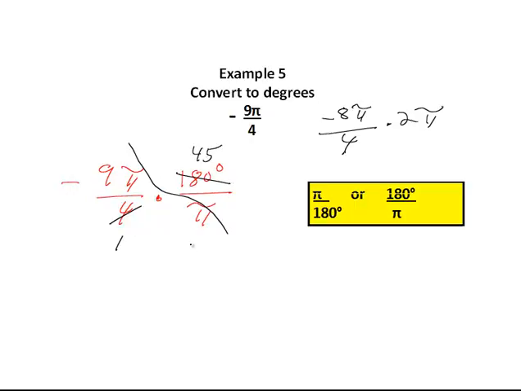Multiply my tops. Oh, there's nothing on the bottom in the denominator. Multiply my tops, and I've got negative 405 degrees. Remember what I said when I started the problem. The answer was going to be greater than 2 pi, in this case negative 2 pi, or greater than negative 360 degrees. And that did come true, so that's a good sign.